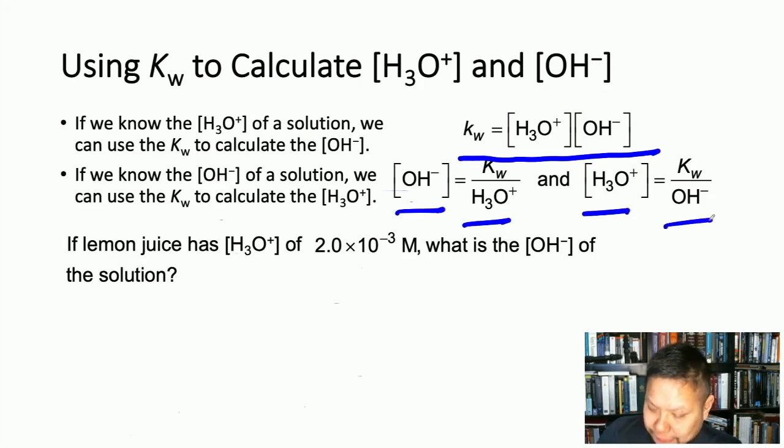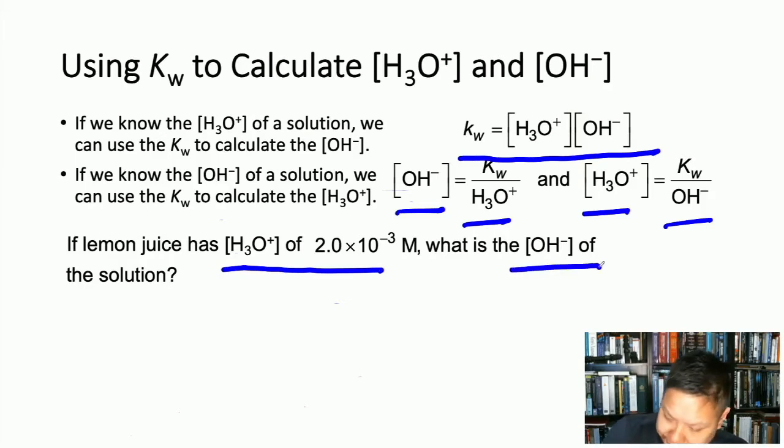We can use each of them to calculate each other. So let's do that real quick. If I have lemon juice, and it's got a concentration of hydronium ions at 2.0 times 10 to the negative 3 molar, what is the hydroxide concentration of that solution?